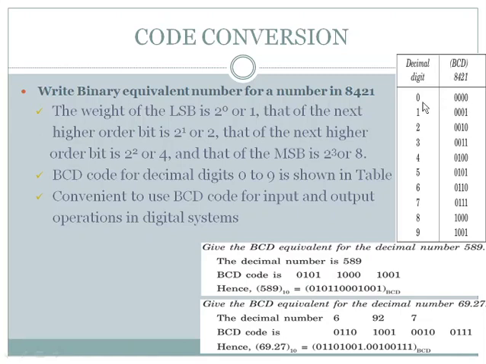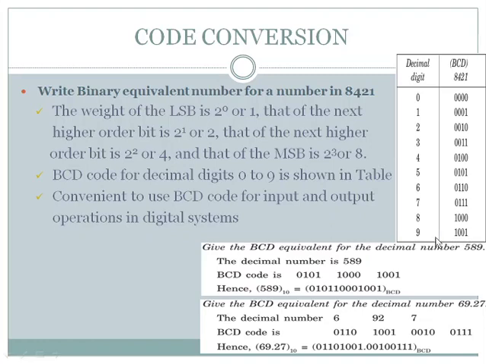Though it can be represented with a single 0, since BCD code means it should give the 4-bit binary equivalent for a particular decimal digit, we have to write 4 zeros. For the decimal digit 1 the BCD code is 0001, similarly for 8 the BCD code is 1000, and for 9 the BCD code is 1001.